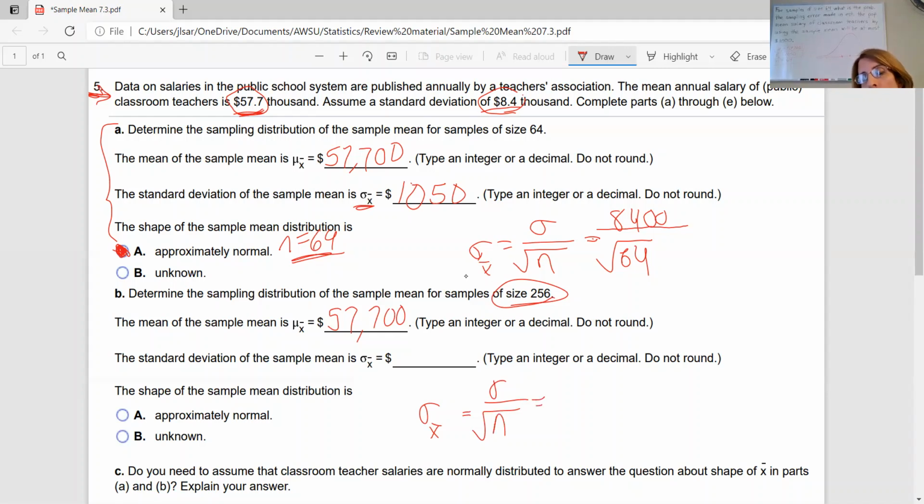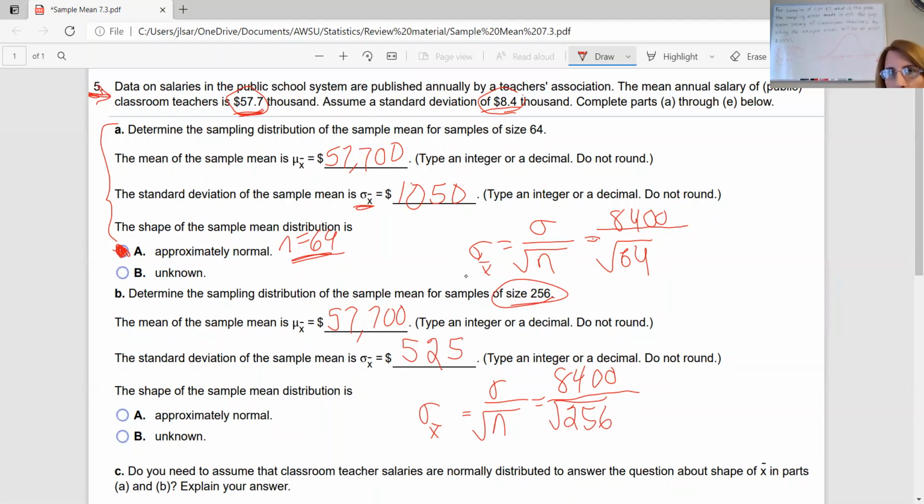So now it's going to be the 8,400 from the parent population divided by the square root of 256, which is 16. So now you have 8,400 divided by 16, and that ends up to be 525. So our standard deviation has been cut in half. We have a smaller standard deviation.